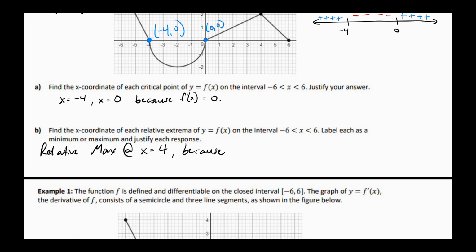Because how did we know, without having to write long sentences, paragraphs? How can we cut it down to symbols? That explains how I know that that guy is going to be a maximum.